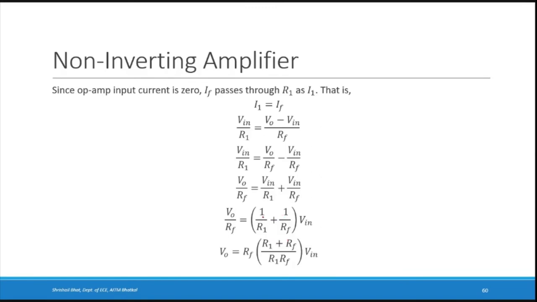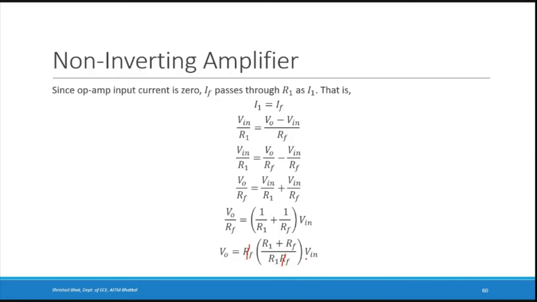Then this RF, if I take to the RHS, it is in the denominator, it will go to the numerator. So you'll have RF into R1 plus RF divided by R1 RF. This RF and this RF we can cancel. What remains then? R1 plus RF divided by R1 into V in.